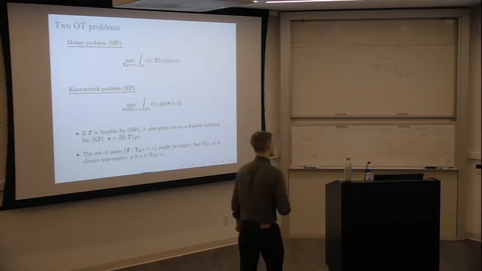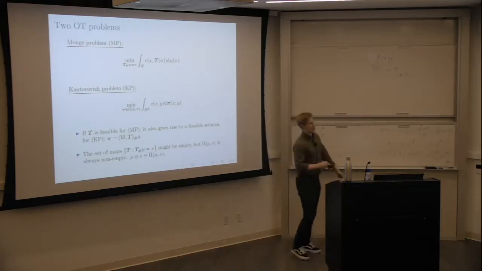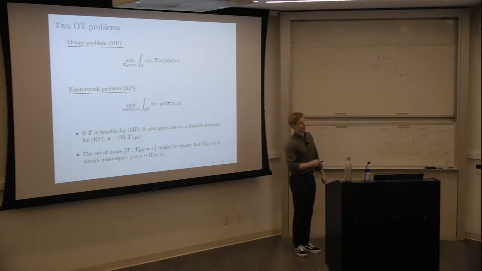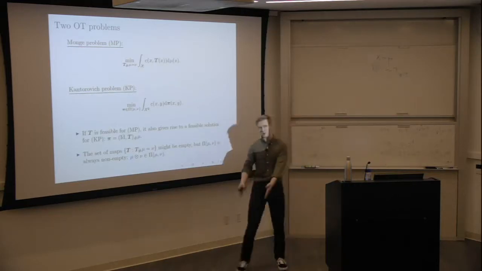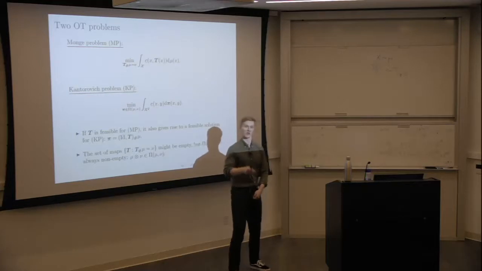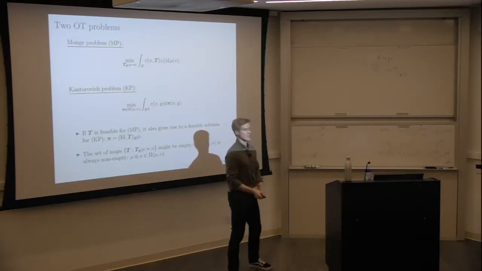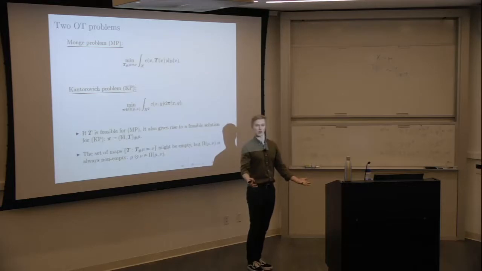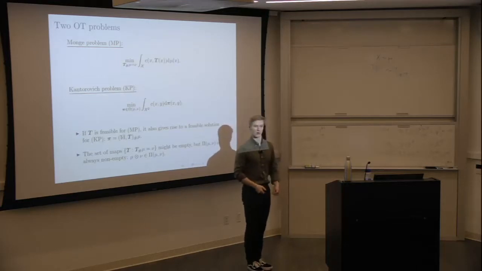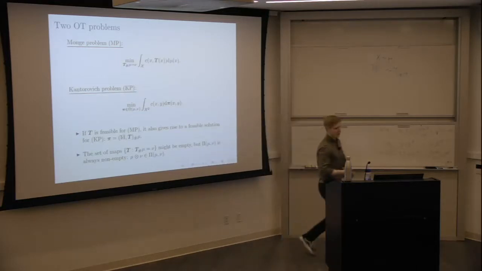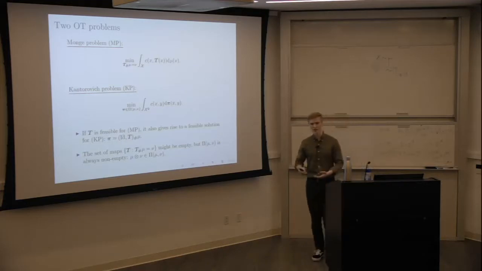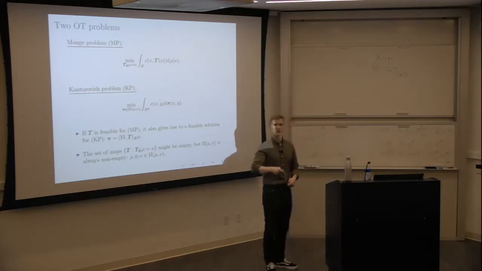Yes, so they both describe transport plans. The difference between them is that in the Monge problem, we're looking for a map which says that all the mass at a point x will be mapped to a point y. That's our notion of transport plan in the Monge problem, right? And so we're constrained to look for plans that say, take all the mass at a point x, map it to a point y.